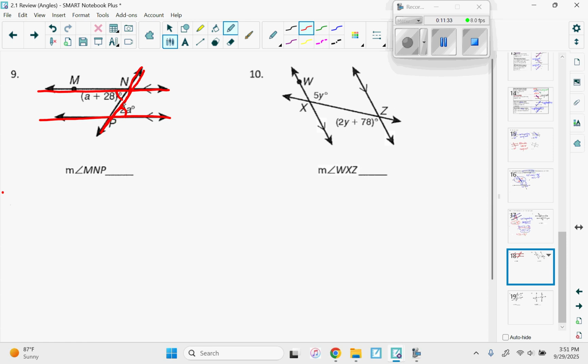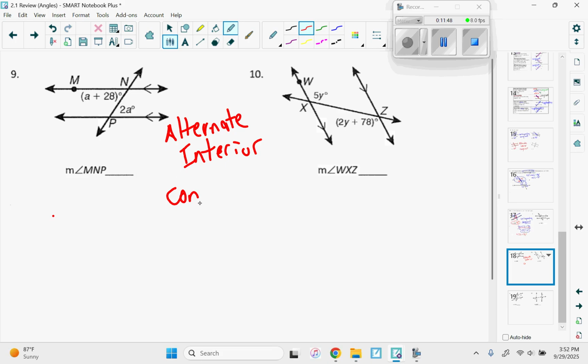So this is an example of alternate interior angles. And alternate interior angles are congruent. And since they are congruent, just like the last problem I showed, I'm going to set this angle equal to this angle.